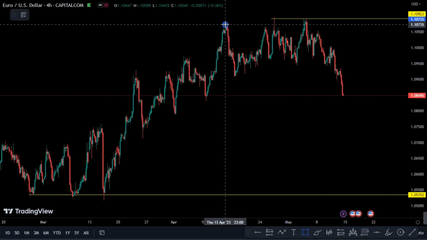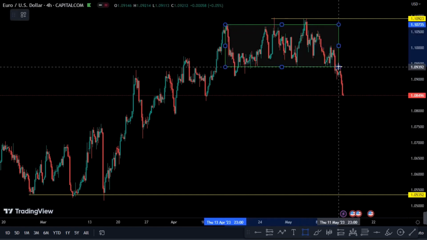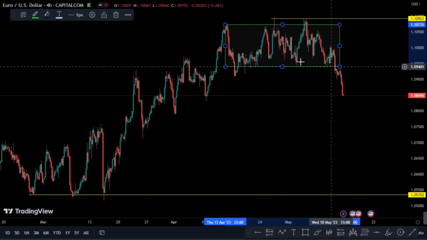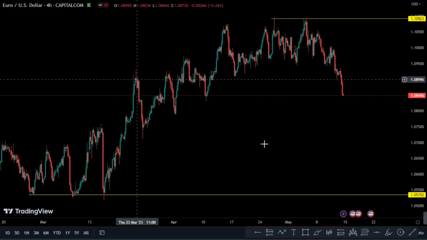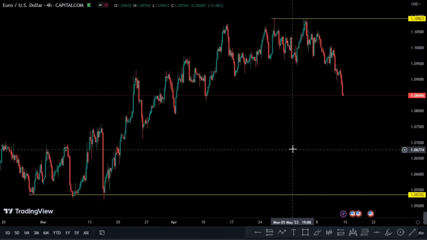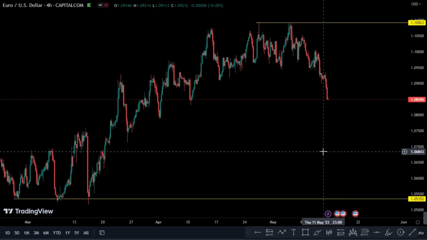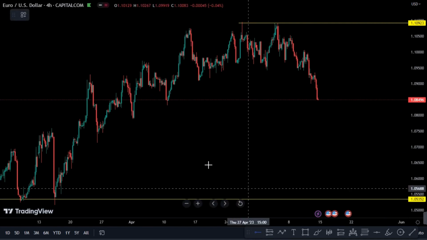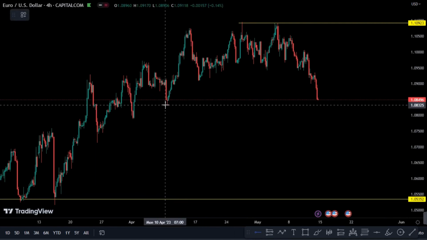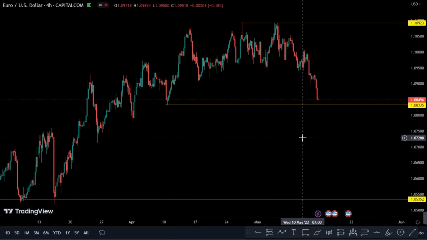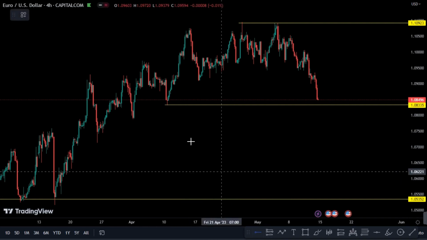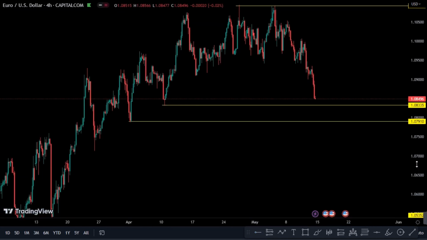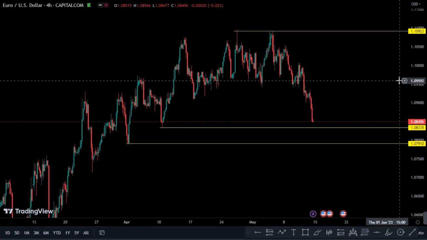If you also have a look here at our Euro USD, it has been in a consolidation phase for a very long time, and it just recently broke out of this structure, just like DXY was doing when we were analyzing DXY. I won't lie, this has been very ugly price action, but if we have a look at this structure, we can find similar structures to the other pairs that we just recently analyzed.